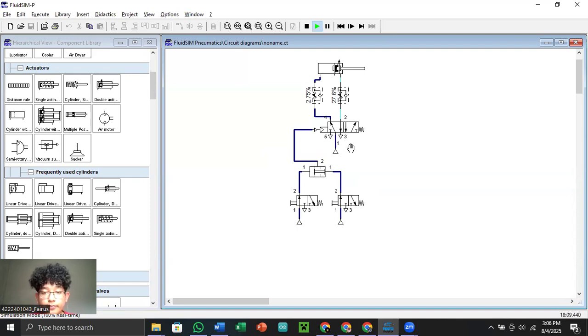At the same time, the air from the left side of the cylinder is exhausted through another flow path, where I set the flow control at 27.6%.